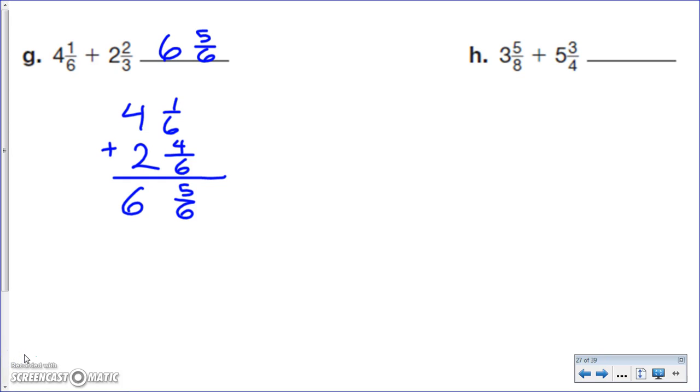For H, we have 3 5/8 plus 5 3/4. So we're going to use 8 as our common denominator. So that's going to change the 3/4 into 6/8. So then we add the whole numbers. 3 plus 5 is 8.